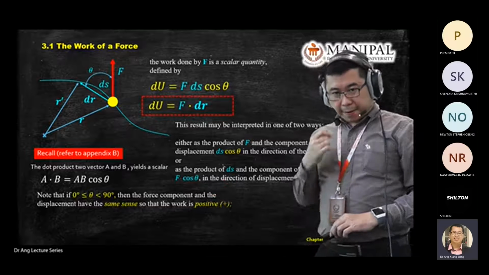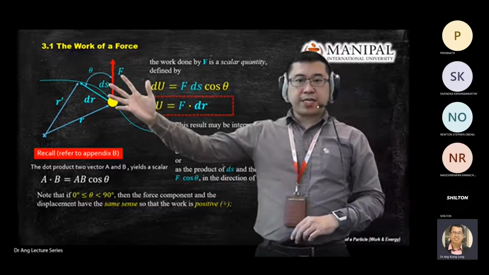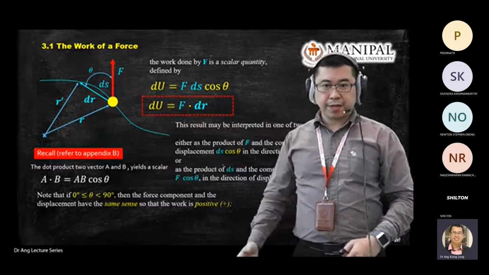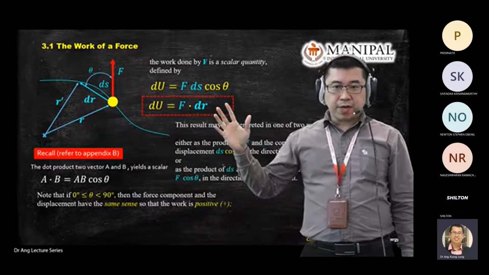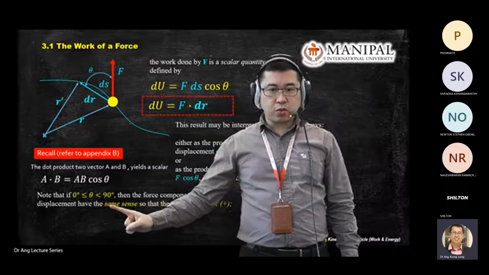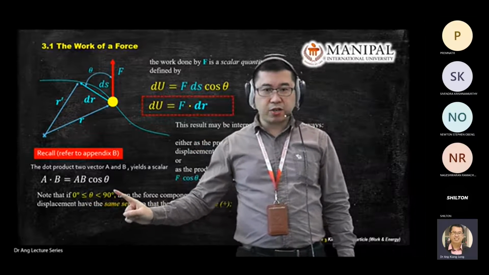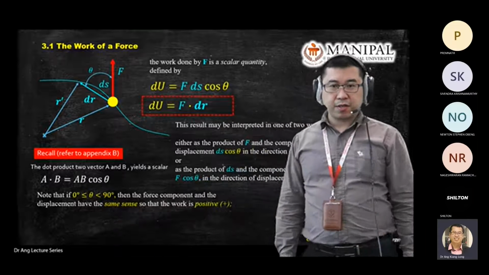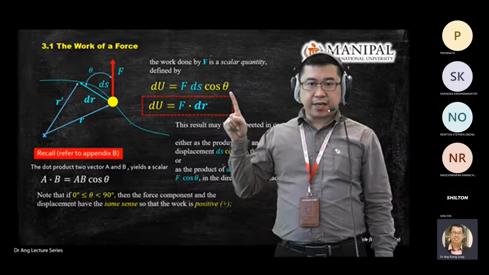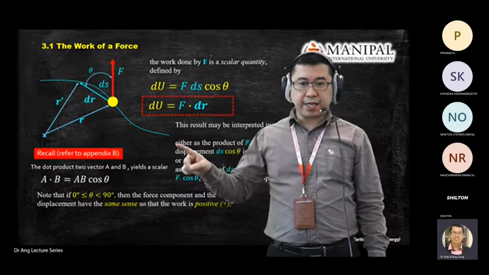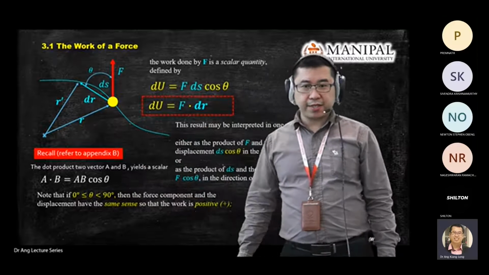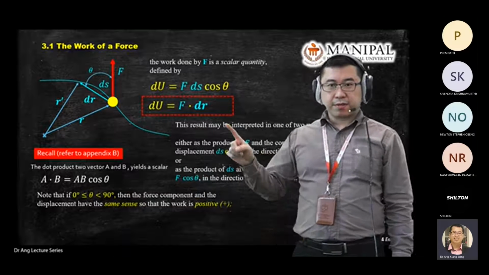Take note on that. We are using this schematic diagram to derive F ds cos theta. Take note now. What happens if you change your angle? When your angle is 0 to 90 degrees, less than 90 degrees, maybe 0 up to 89.99 degrees. Because why?